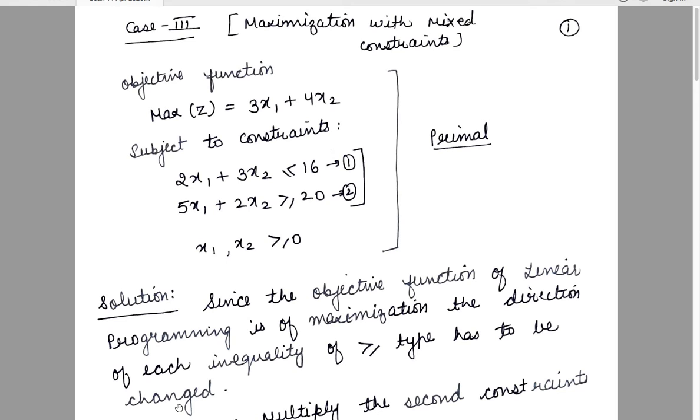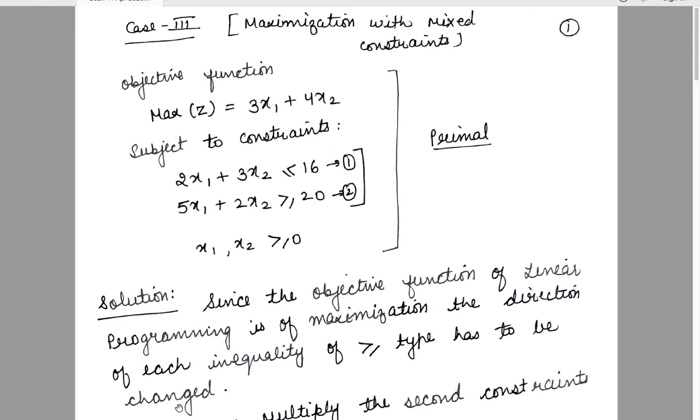So you have to keep one thing in your mind. If your objective function is of maximization, then all signs should be of less than equals to. But in constraint 2, you can see the sign is given greater than equals to. So first of all, we will convert this sign into less than equal to.